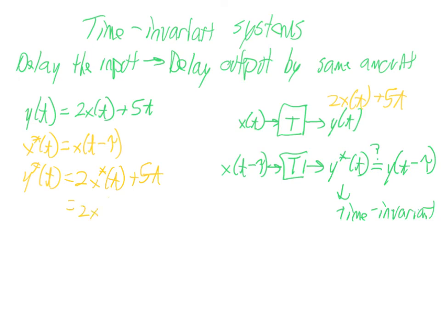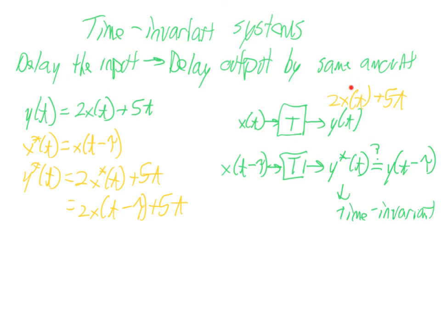So it's 2x of t minus tau plus 5t. Now, I want to be able to see if I can express the right-hand side as a time-delayed version of the original output y of t, which I have written right over here.